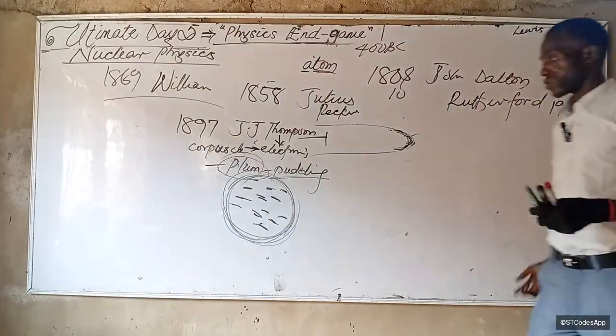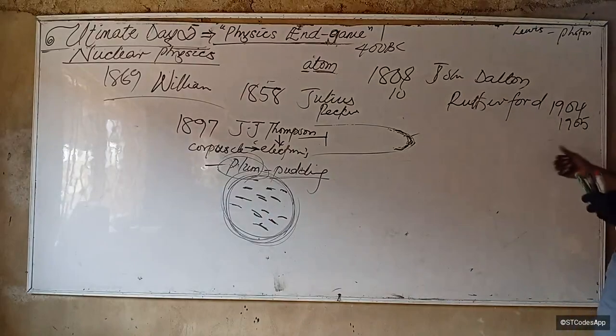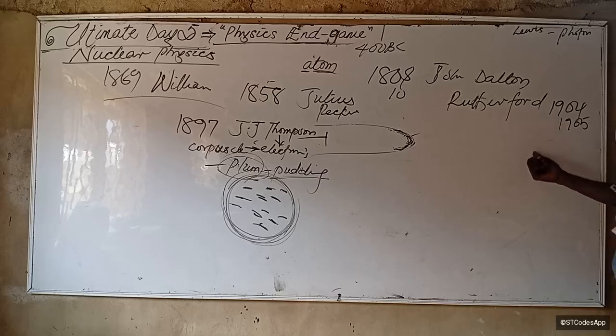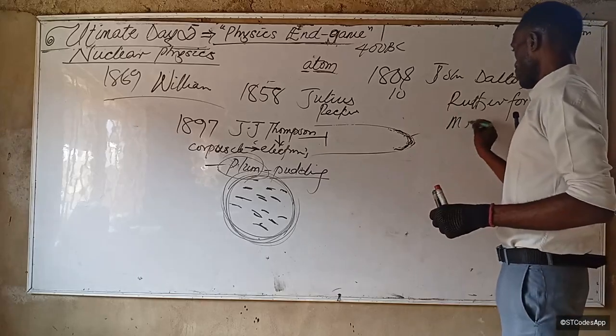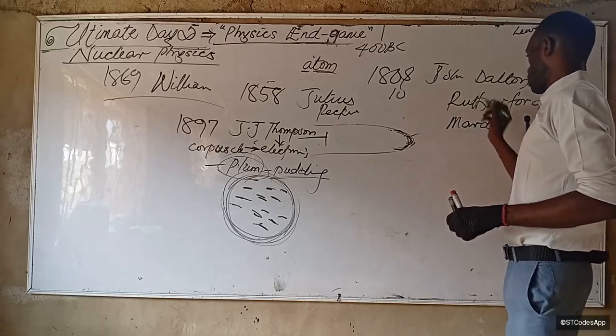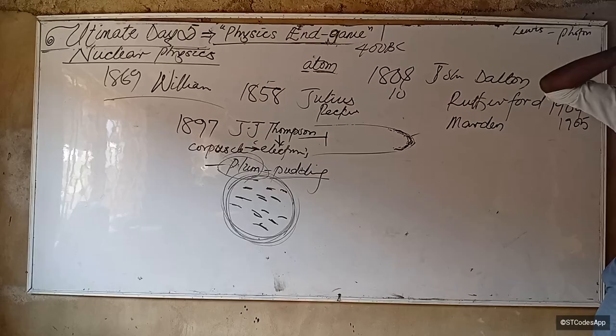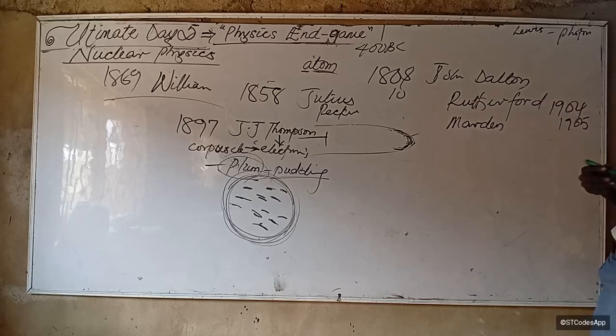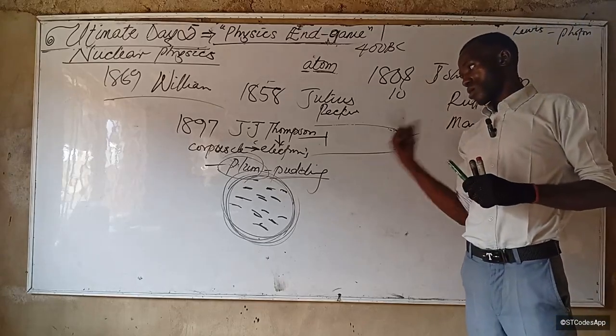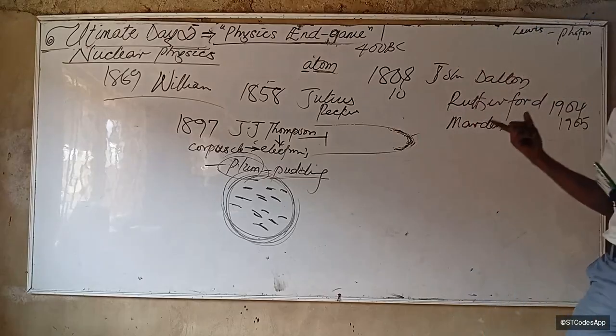Is that okay? So Rutherford, in 1904 to 1905, with his associates, Marsden and, who? Do you remember? Okay, Marsden and a particular man, they all worked on it and saw that the plum pudding model was wrong.